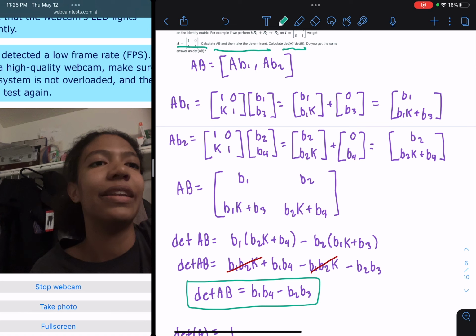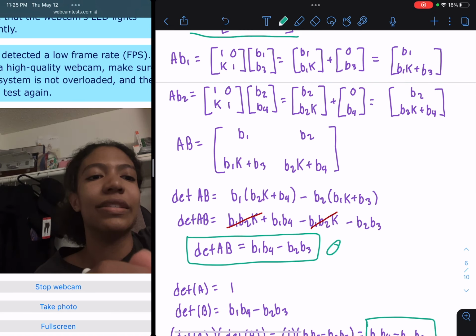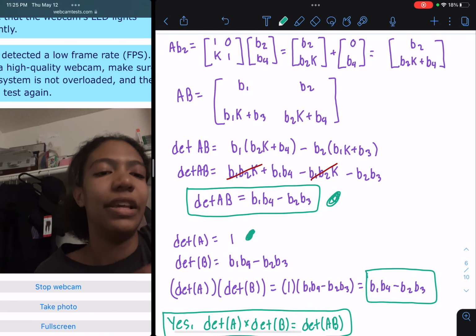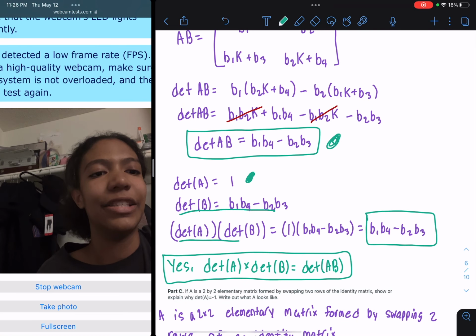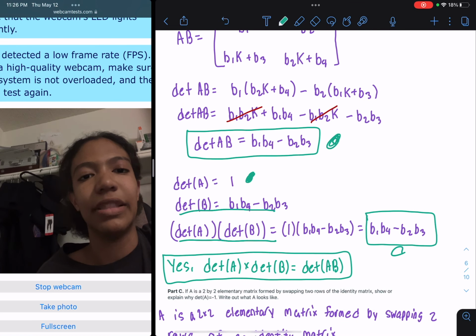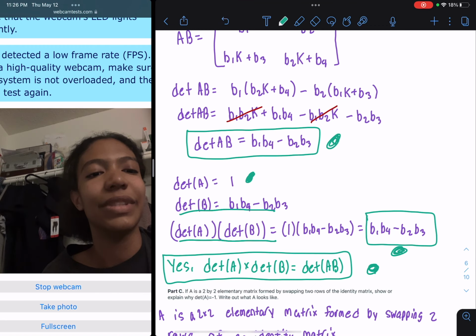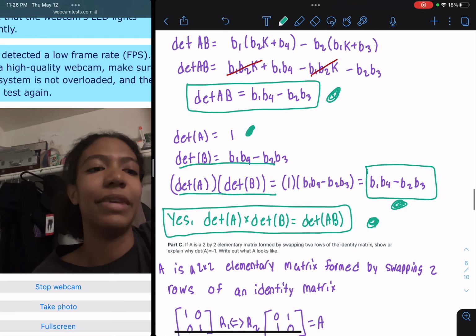So I calculated AB and got this. And the determinant of A is 1, and the determinant of B is this. And when you multiply these two together, you get the same thing. So yes, the determinant of A times the determinant of B equals the determinant of AB.